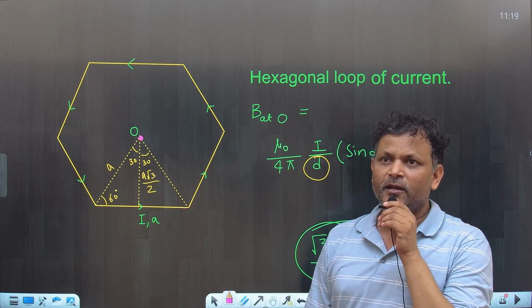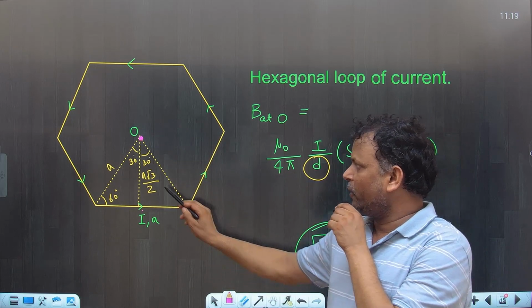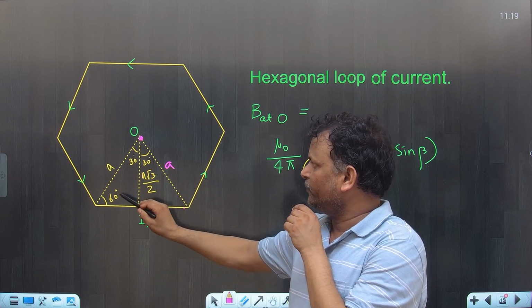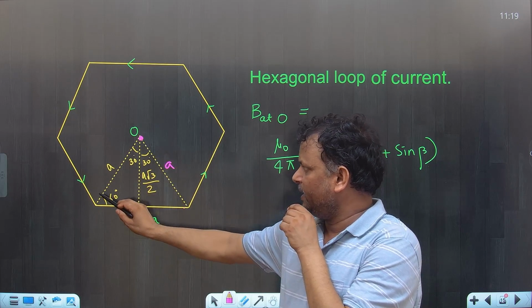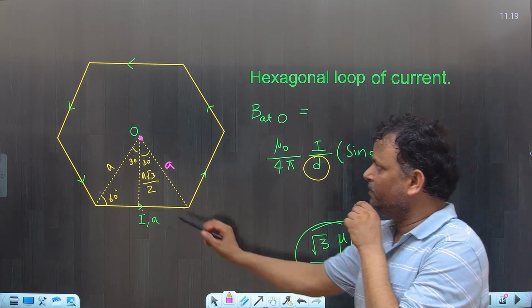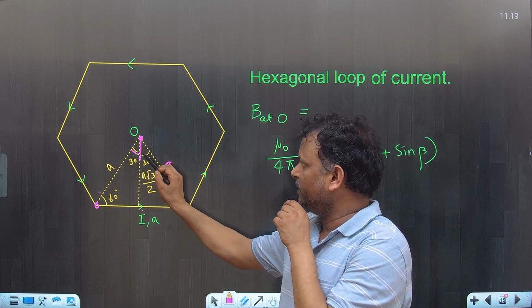What was the first idea? You should draw a perpendicular from O to that finite conductor. Length of this perpendicular, this is an equilateral triangle with sides A, A, A. So the length of this perpendicular is A sine 60, that is A root 3 by 2. And the angle made by this perpendicular with the end points is 30 degrees and 30 degrees.